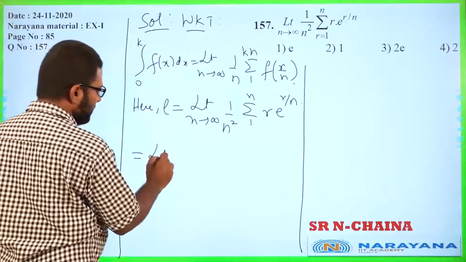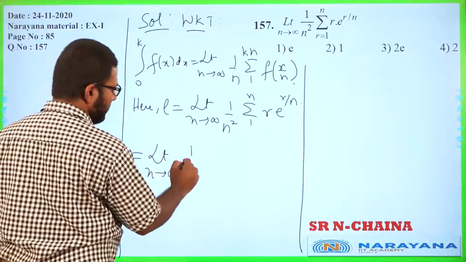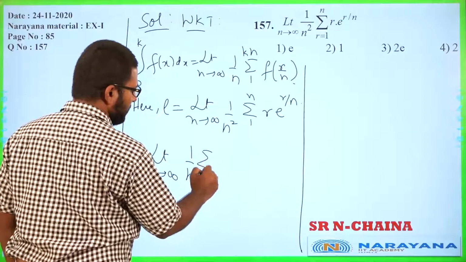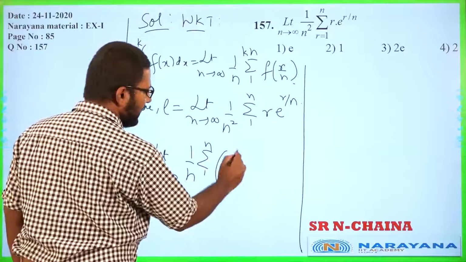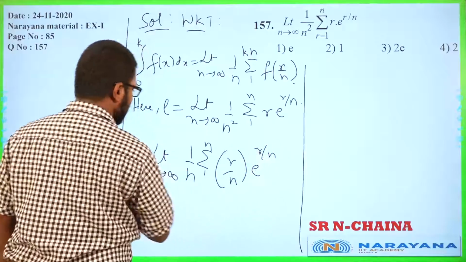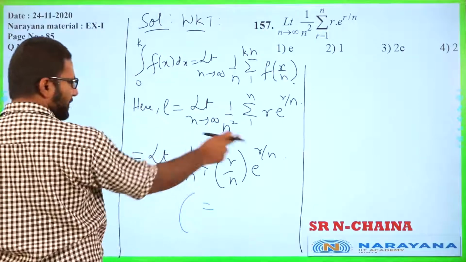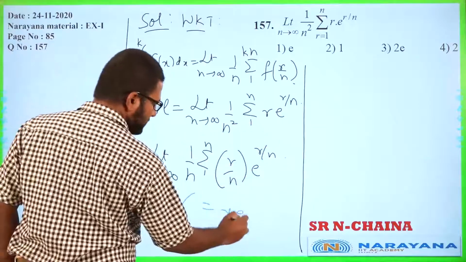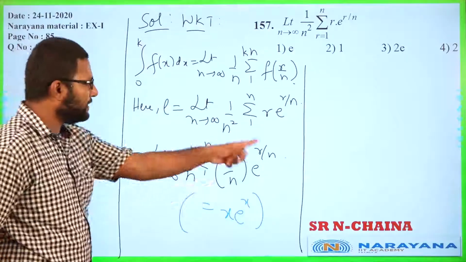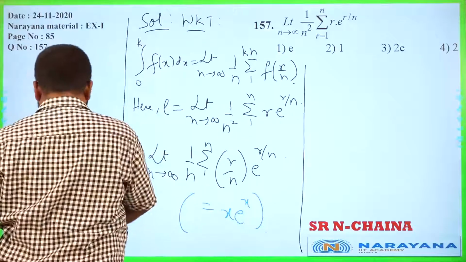So this is limit n tends to infinity 1 by n summation 1 to n r by n e raised to r by n. Okay, and then mentally, ignore this part, only this, this becomes x e raised to x, just replacing r by n with x, right.